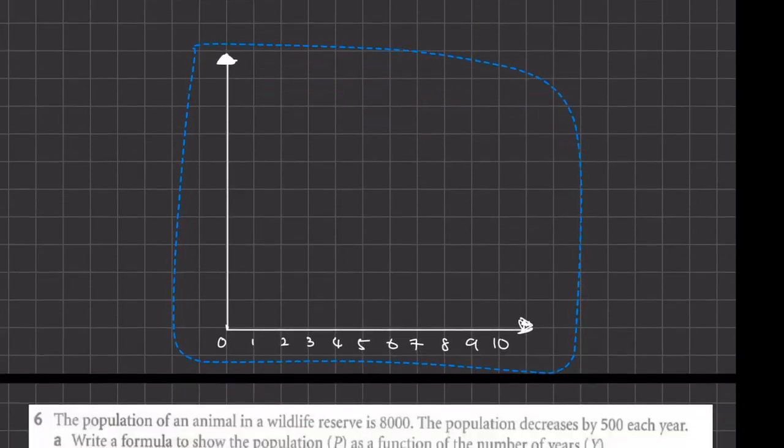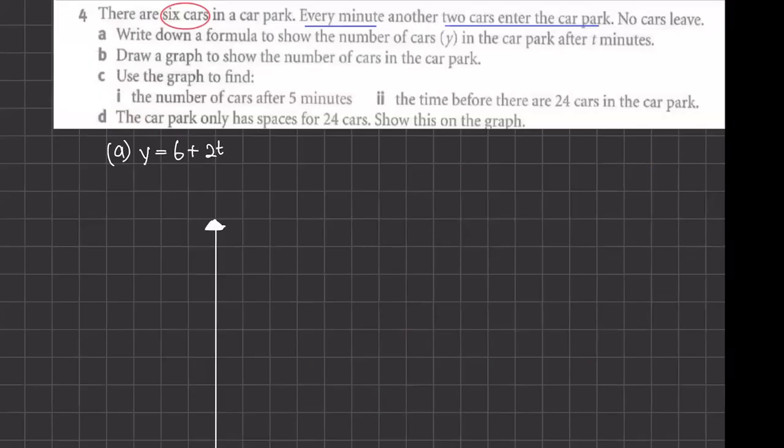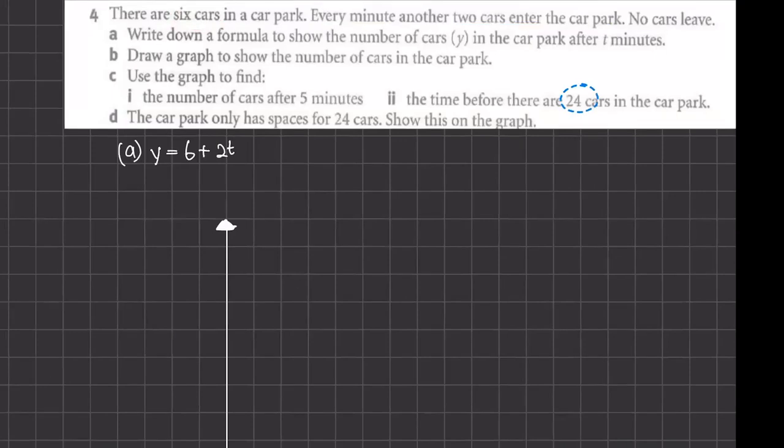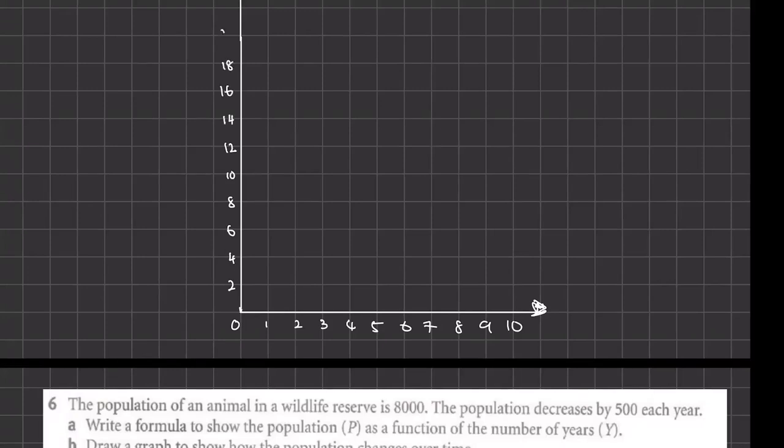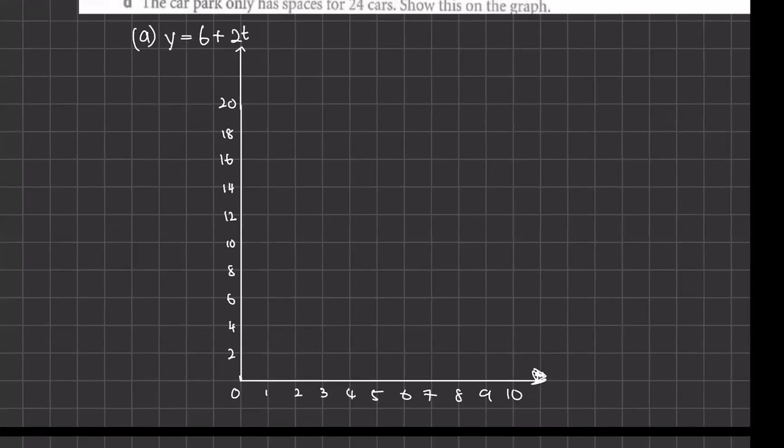I look at the question because the question needs it to be up to 24. So from here, we can just extend it because I need at least 12 to be until 24. So 0, 2, 4, 6, 8, 10, 12, 14, 16, 18, 20, 22, oopsie, 24.